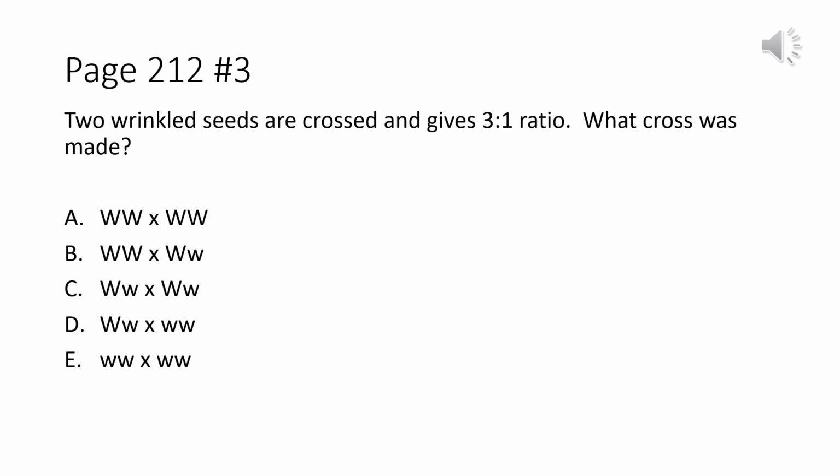Hint: you're crossing two dominants and you get some dominant and some recessive. 3 dominant and 1 recessive. Which one did I say made that work? If you have to work them all out, you probably need to stop the video and work them all out.